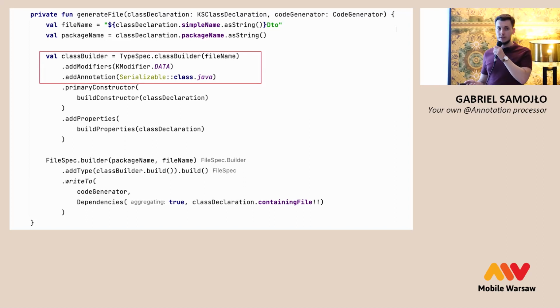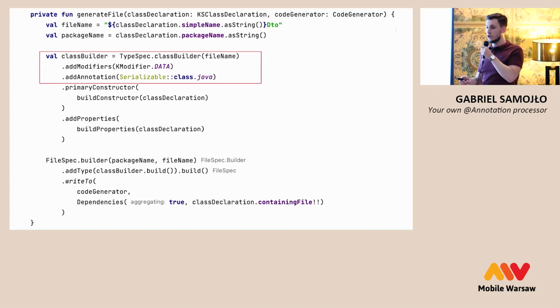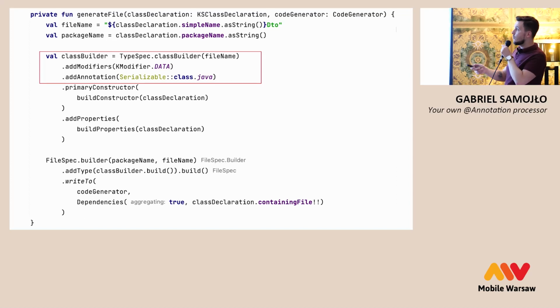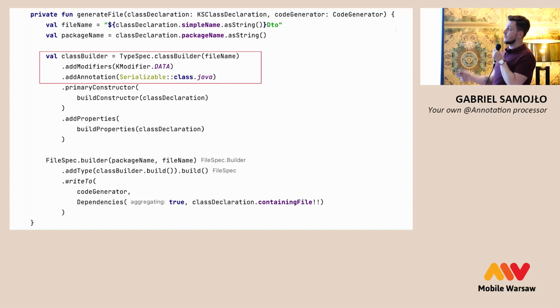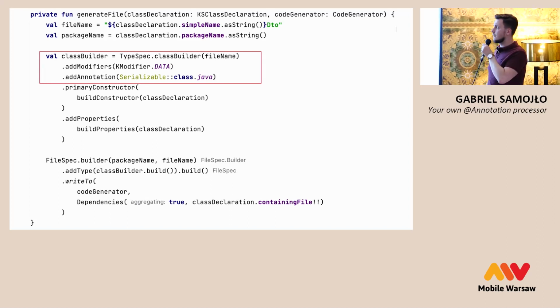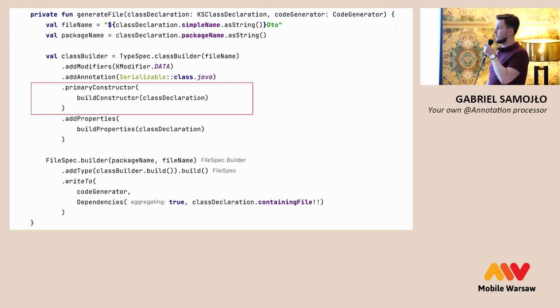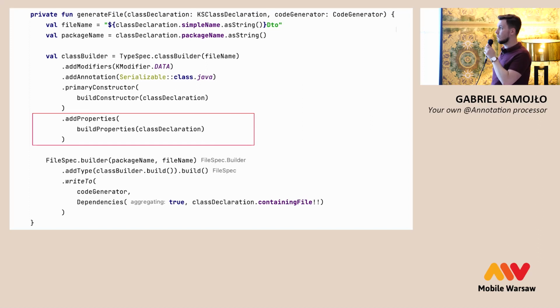So we have the Kotlin poet, basically the tool for generating the code for us. We are adding modifiers. Here there is the data, and adding an annotation serializable, right? Very easily.